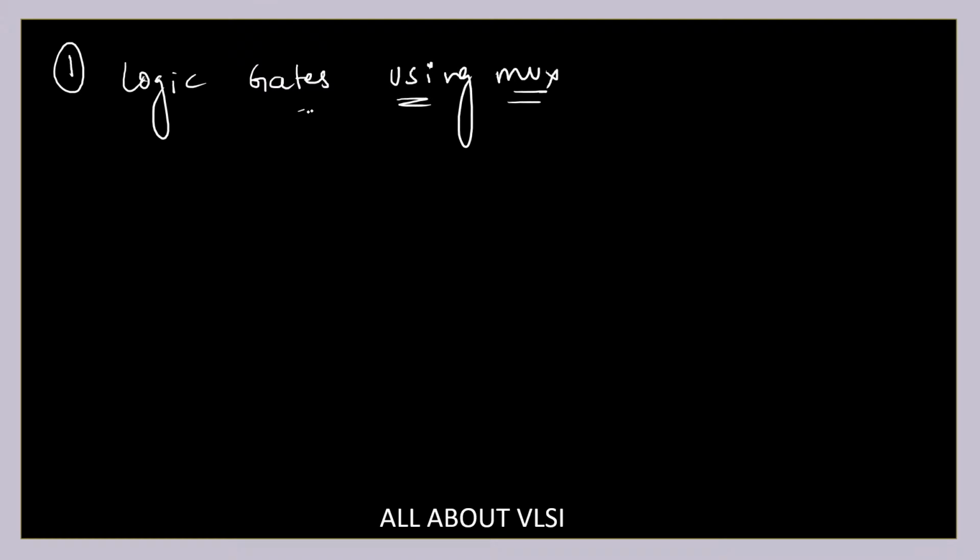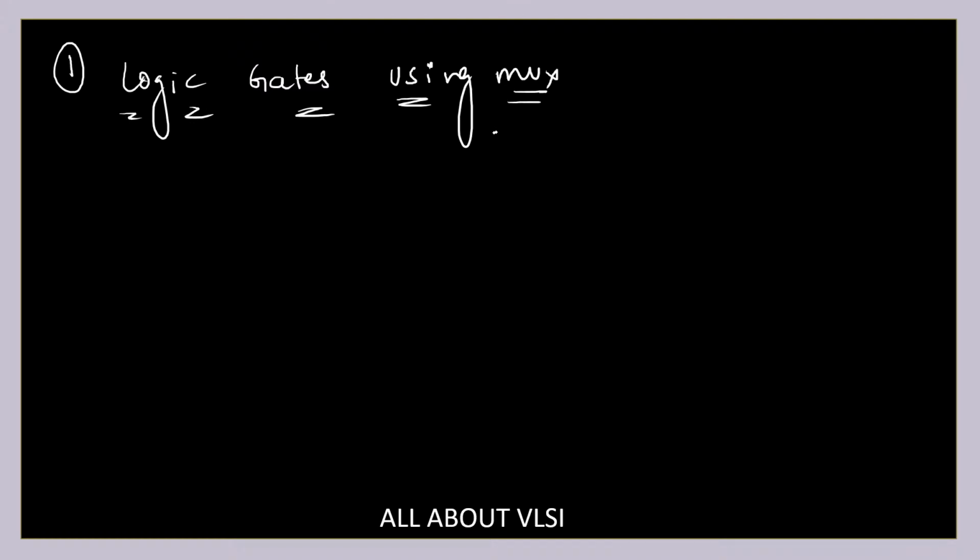Now, what kind of questions can you expect from this multiplexer topic? The first one is implementing all the logic gates using multiplexers. This is the first type of question we are going to look into.